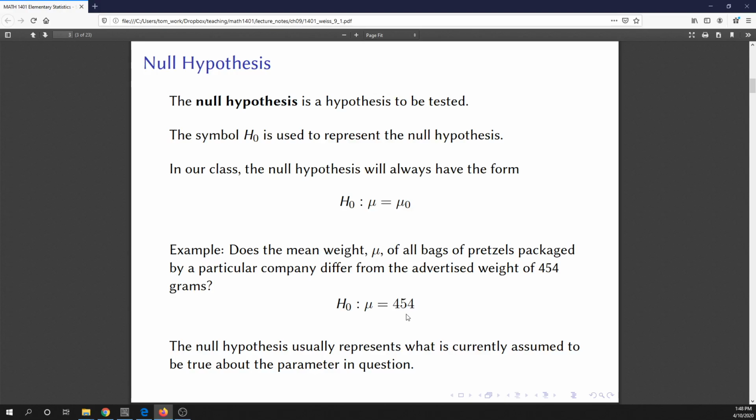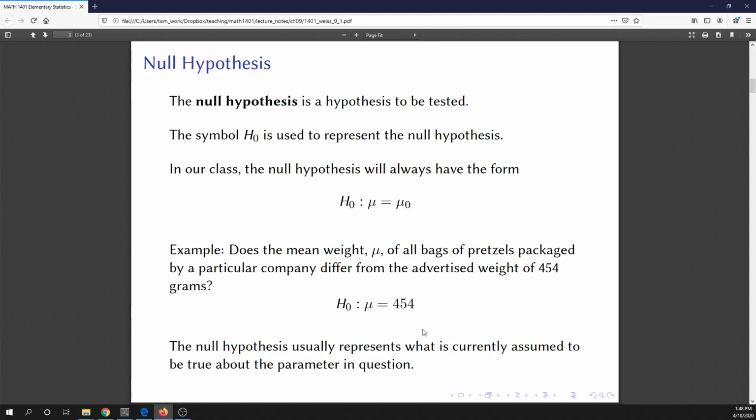And so the null hypothesis is usually going to represent what is currently assumed to be true about the parameter in question. So, this company is advertising that the mean is 454, and that's what's currently believed to be true.